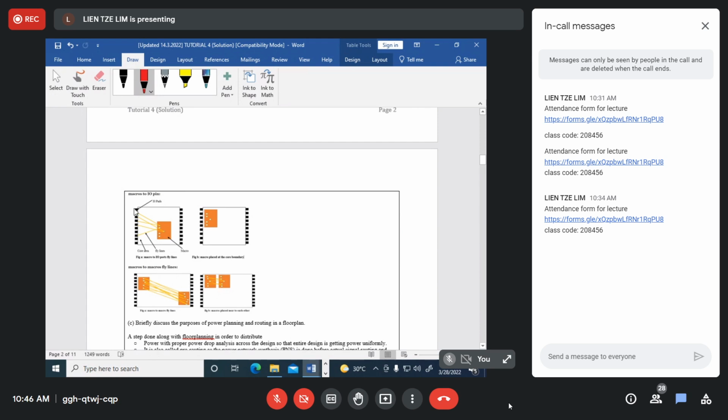The black color here is the input output pin, or port. The orange box is a macro. So here this is the macro to input output port fly line. Fly line means this one.